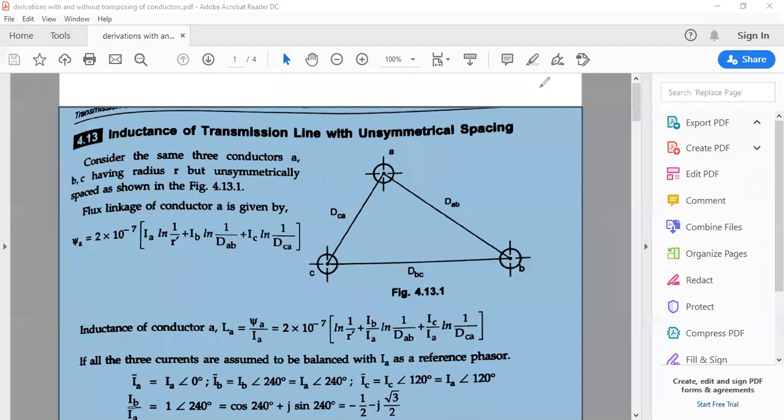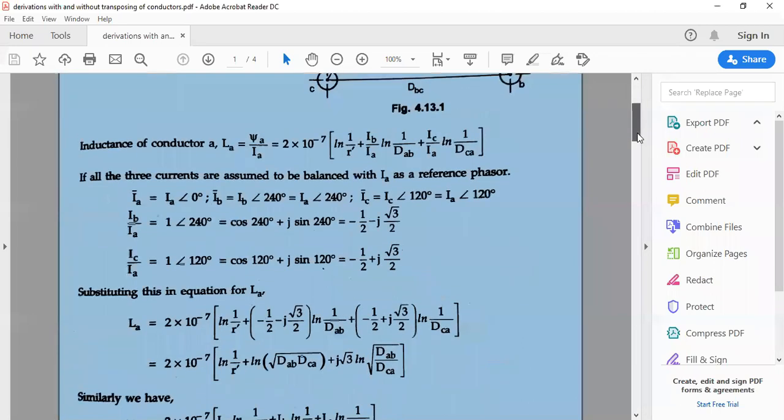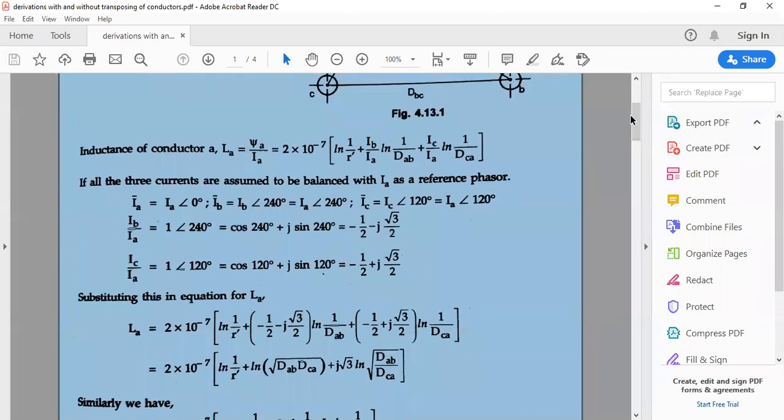Next, once you say that the currents are balanced, you have IA in terms of the phasor reference. A phasor is nothing but a rotating vector. So IA at an angle 0. If I want to rotate it with respect to any angle, vector rotation is done like this.